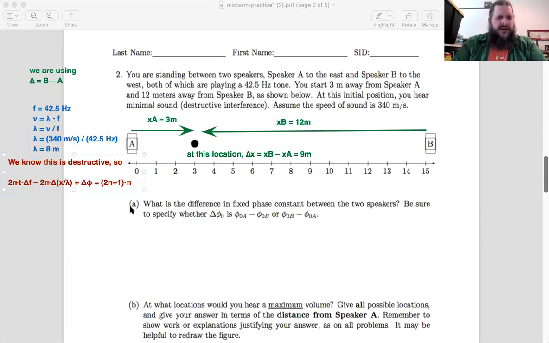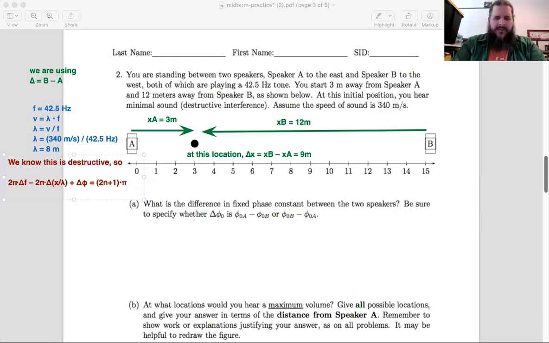If we fill that in, by the way, what should this 2 pi t times delta frequency term look like when we fill in values? The end result ends up being 0. Right, they're the exact same frequency, so there's no difference in frequency, and there's no difference in time either.